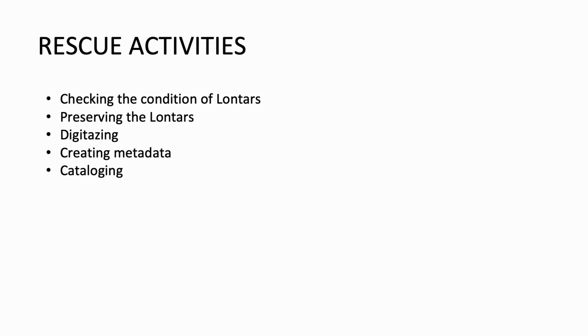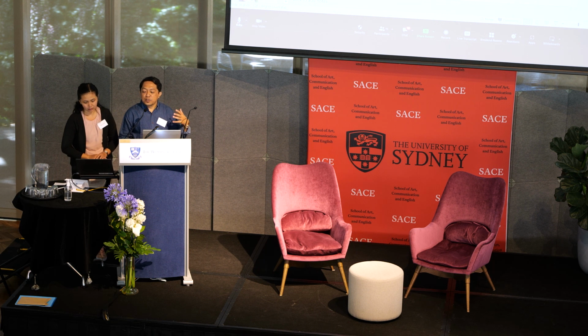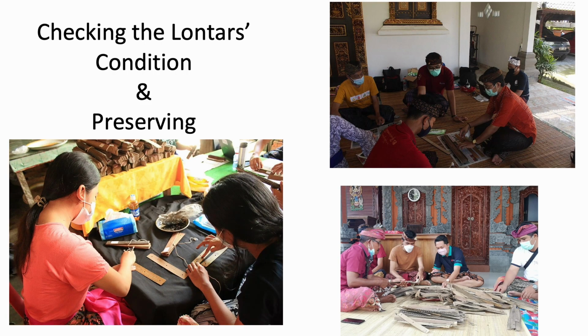So the last part is the rescue activities. There are 5 steps of preserving, digitizing, and creating metadata. The first one is checking the Lontar condition. Before we preserve the Lontar or manuscript, we have to check the condition one by one, page by page.